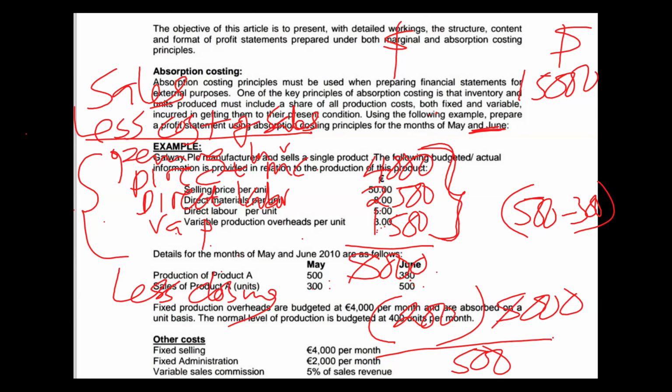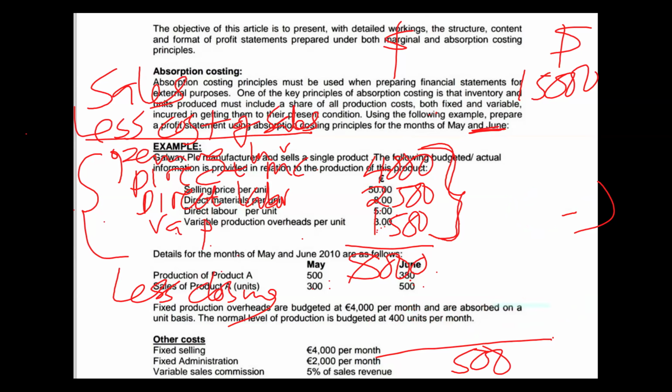Okay. So what was the closing inventory? 3,200.